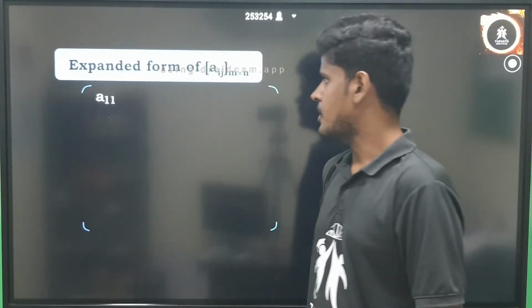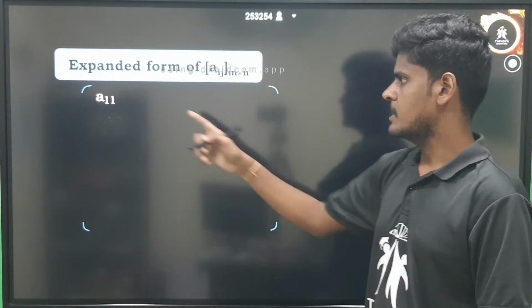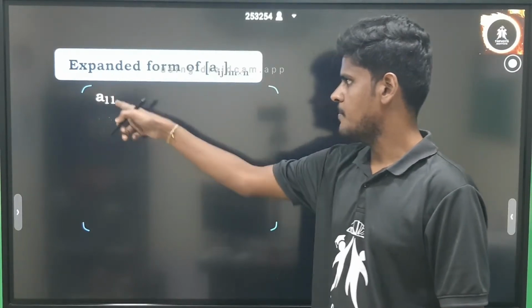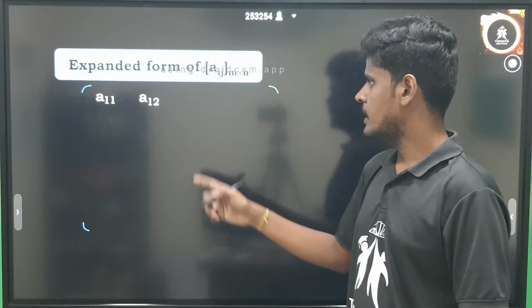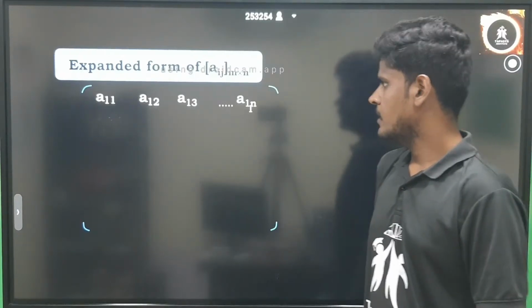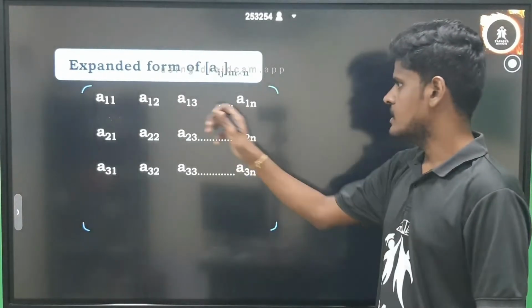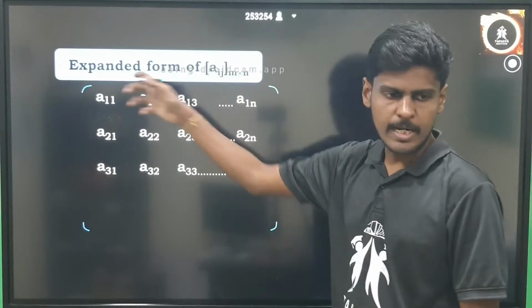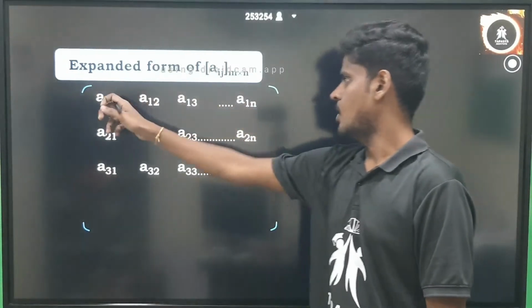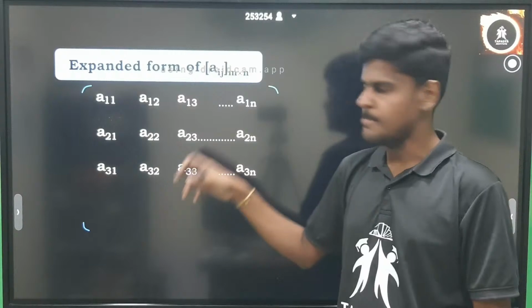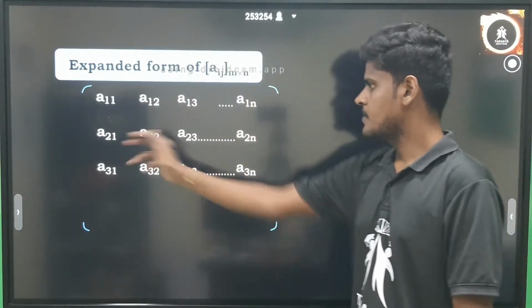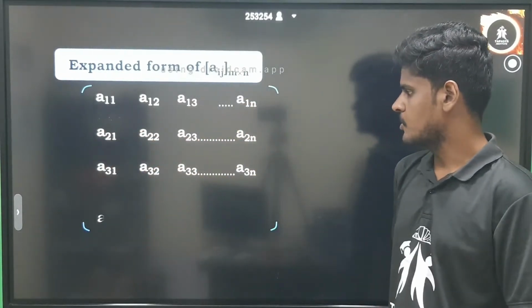Now the expanded form of a matrix. That's what we discussed. a11 means row number, column number. a12, a13, up to a1n. That means the number of columns is n. So first row first column, first row second column, first row third column, first row nth column. Similarly, a21, a22 up to a2n.